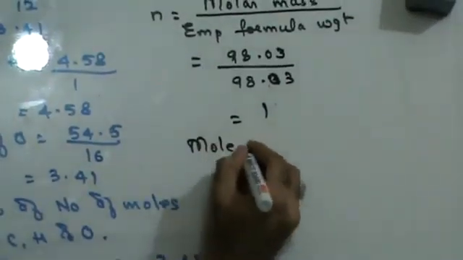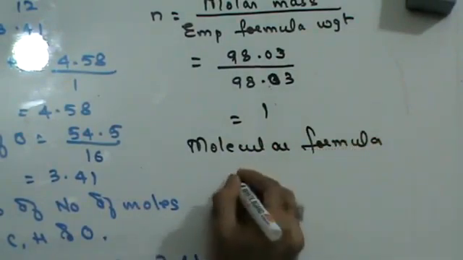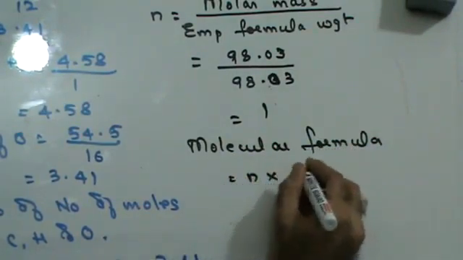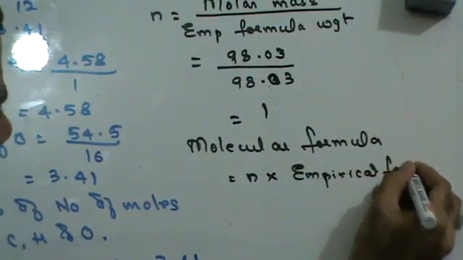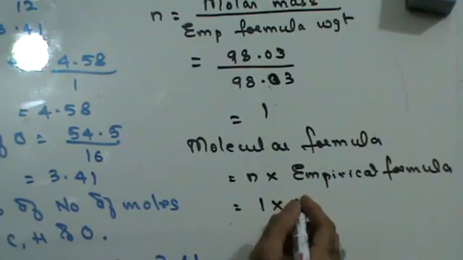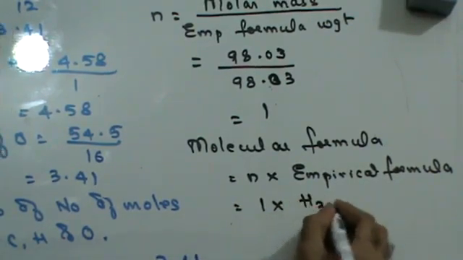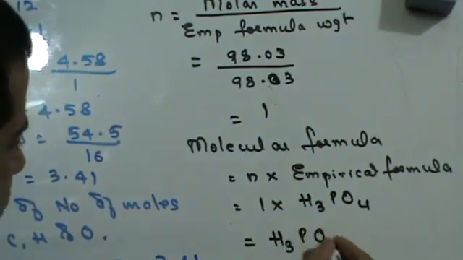Molecular formula is given by the formula N into empirical formula. So 1 into empirical formula. Empirical formula is H3PO4. So this will be H3PO4.